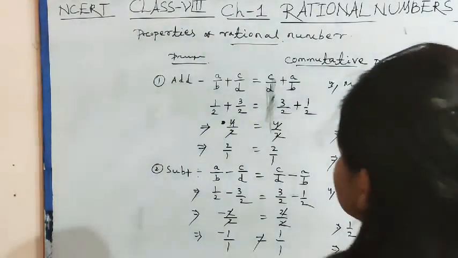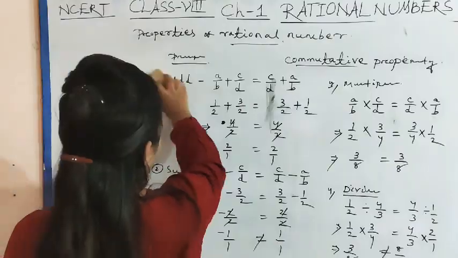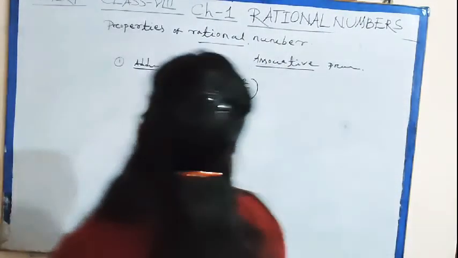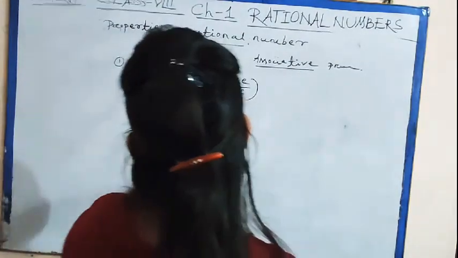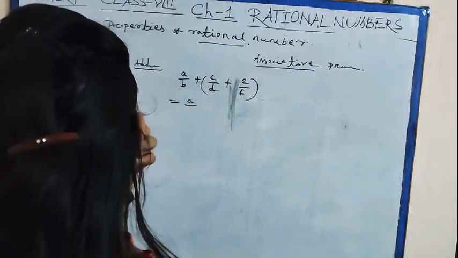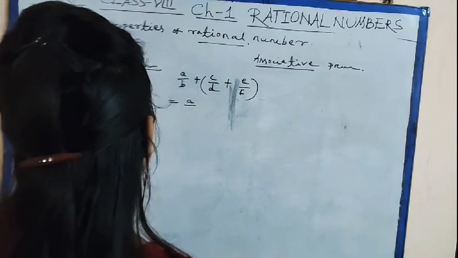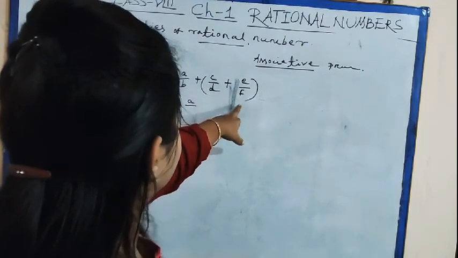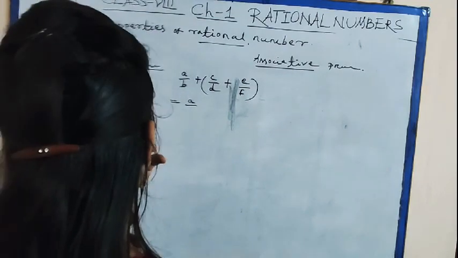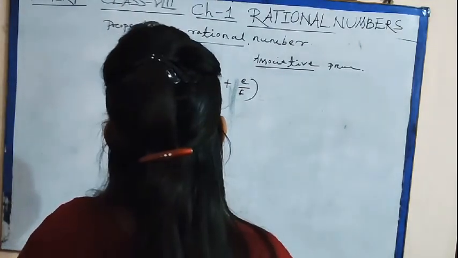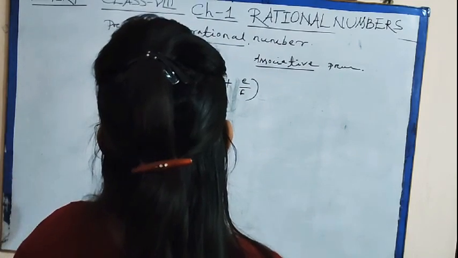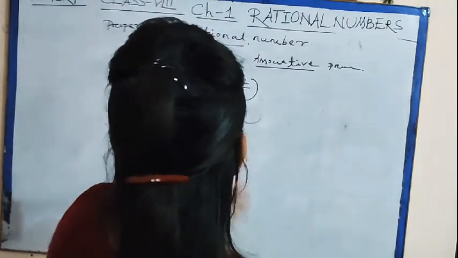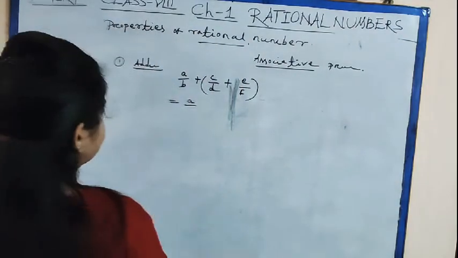Now our topic is the next property. So the next property is the associative property. Okay. We'll check for addition. If A by B is a rational number, C by D another rational number, E by F another rational number, if we make a different group, we get the same answer in any case. We call it under the associative property. Okay.